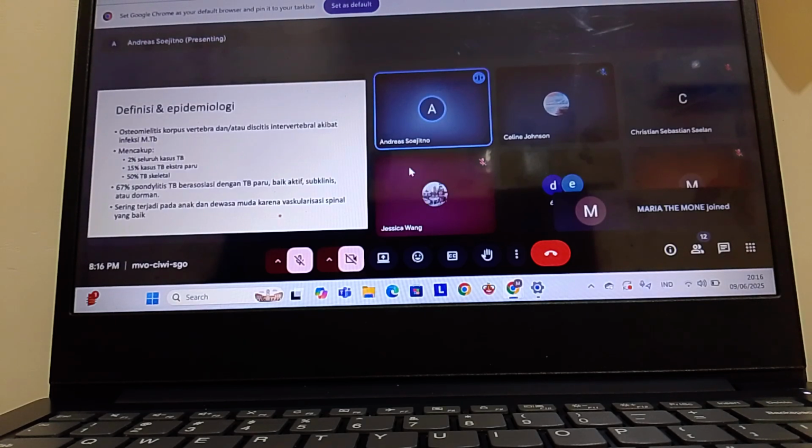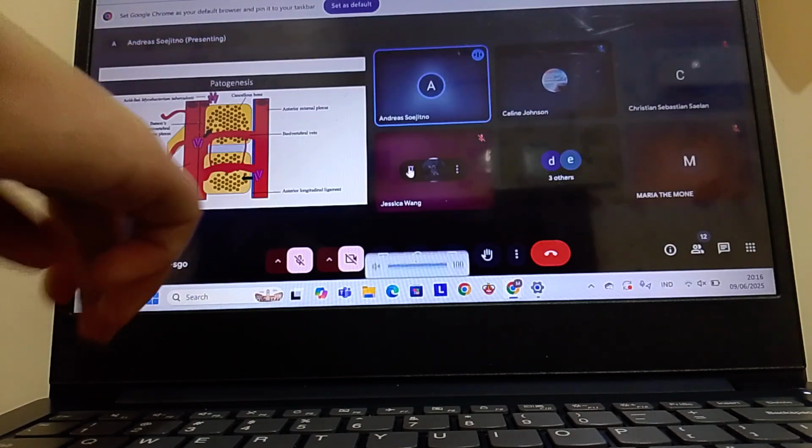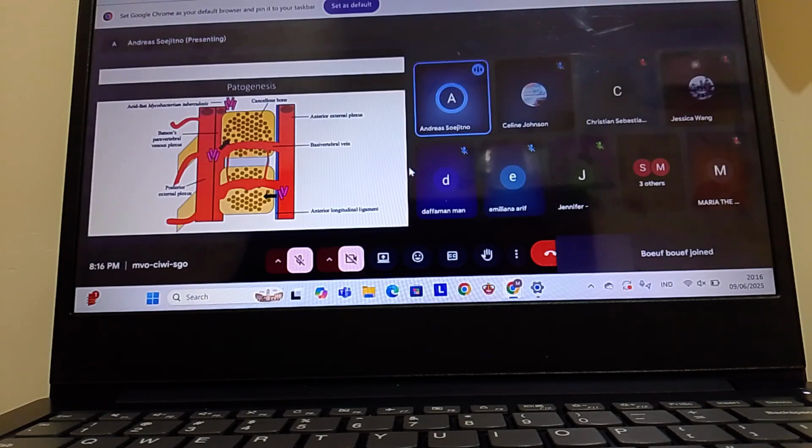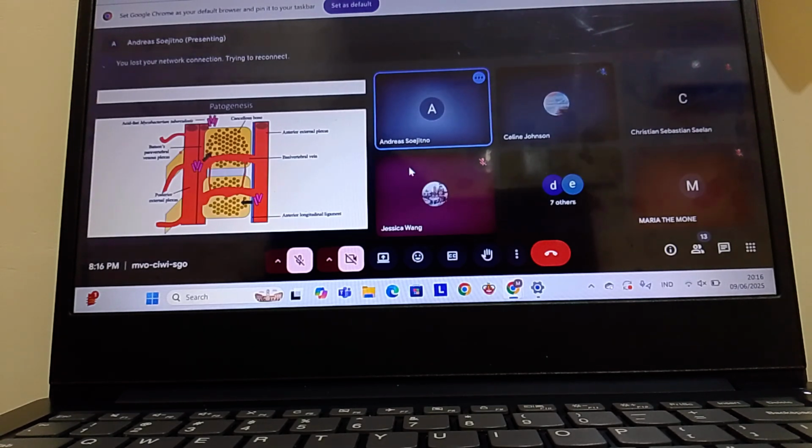But if the Batson plexus affected is the middle, then it will cause either peridiscal or central TB spondylitis. Or if it's in the posterior around the spinous process, you can see here, then the infection will develop in the posterior part, therefore causing the posterior type of infection.